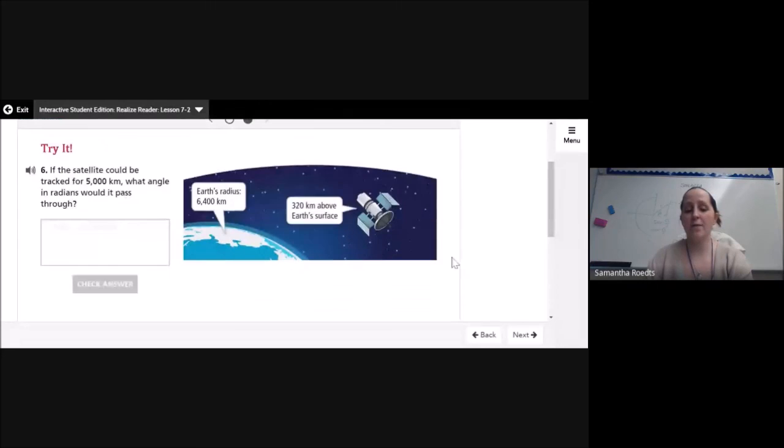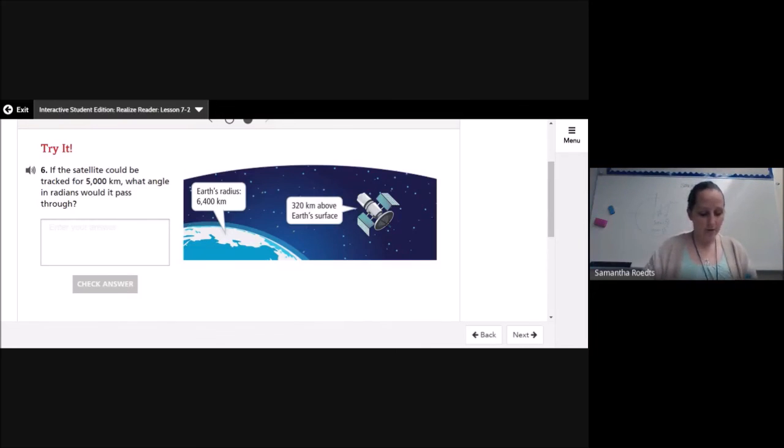If the satellite could be tracked for 5,000 kilometers, what angle in radians would it pass through? Again, they gave me the same information for the radius. Instead of giving me the angle, though, they gave me the distance that it could be tracked.